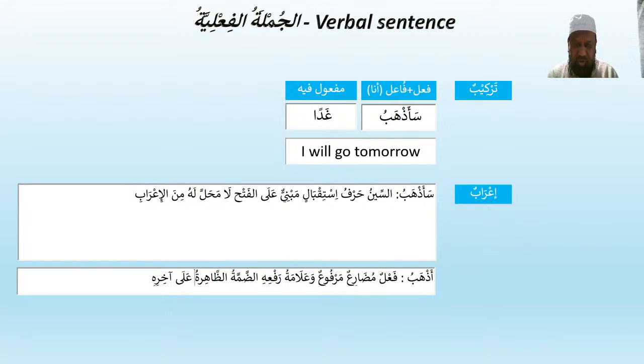Over here we see which sigha it is: the mufrad mutakallim sigha. So we know the ana is hidden, mustatir. And are we allowed to bring an ism dhahir as a fa'il for this sigha? No. So that will be wujuban. So next we write.